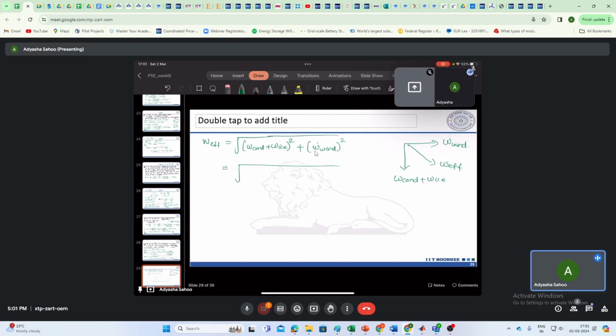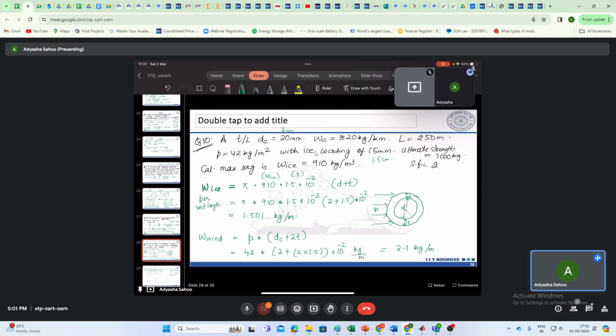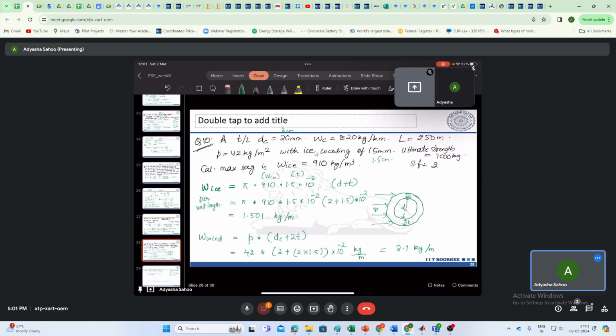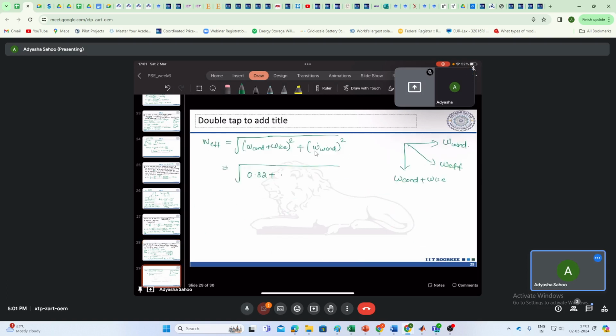So conductor weight was 820 kg per kilometer or 0.82 kg per meter. Ice is 1.5 and wind is 2.1. So this will come out nearly as 3.13 kg per meter. So now your sag is W effective L square by 8T.